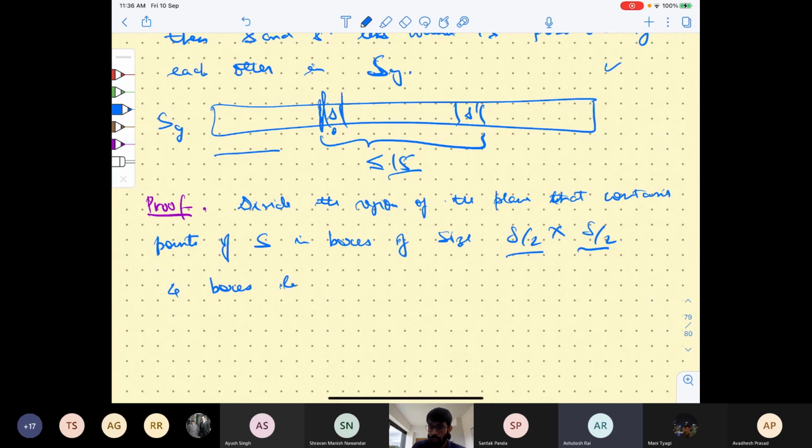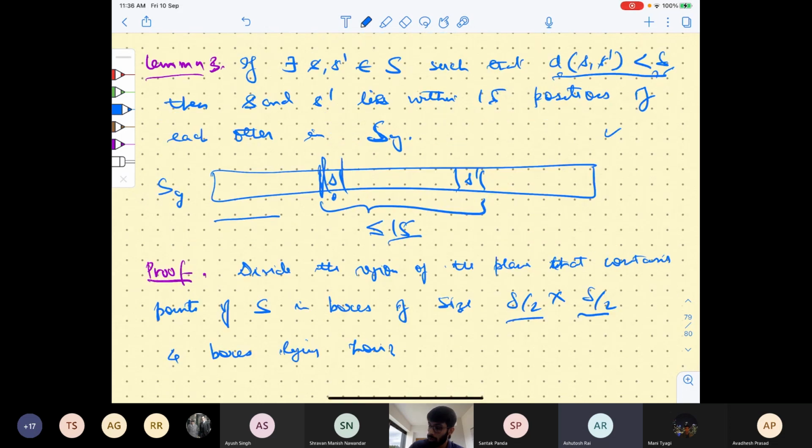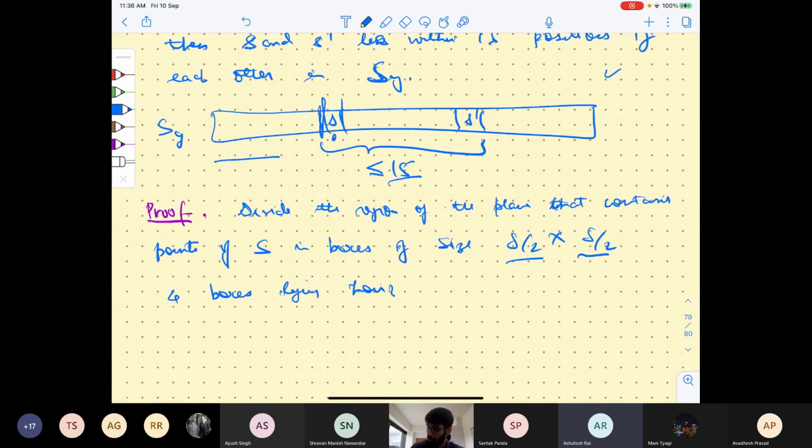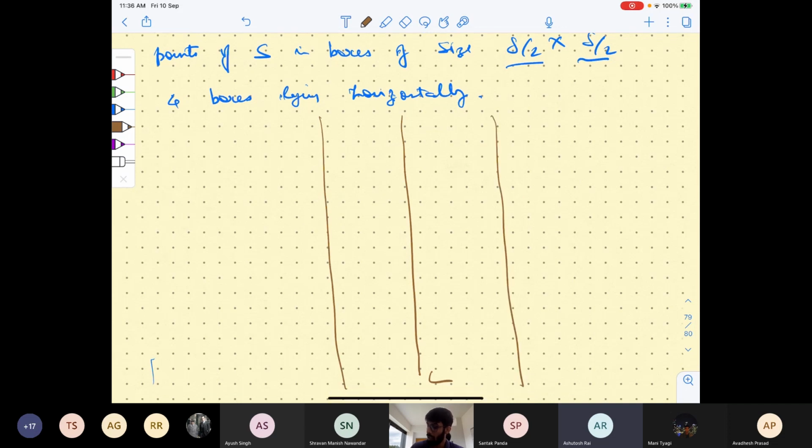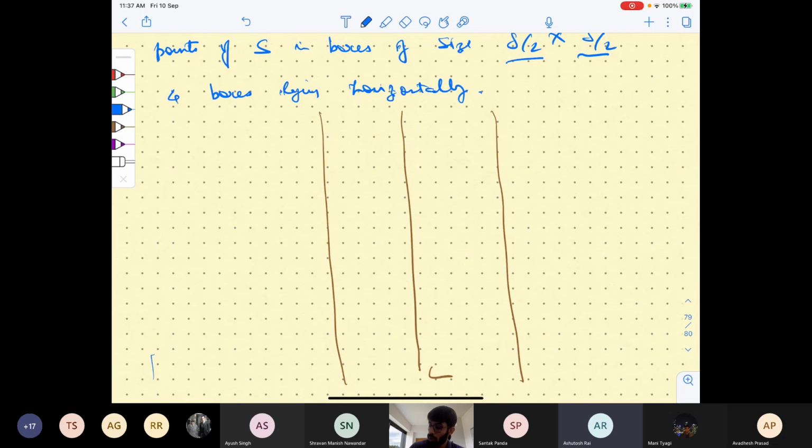Again, this is not the algorithm, this is just the analysis. Basically, we just want to prove this lemma, which is why we are doing this. So what do I mean by that? We have this line L, and then we have this region of delta on each side. And what are we going to do? We just make these boxes. So this is delta, and suppose this is delta by 2.